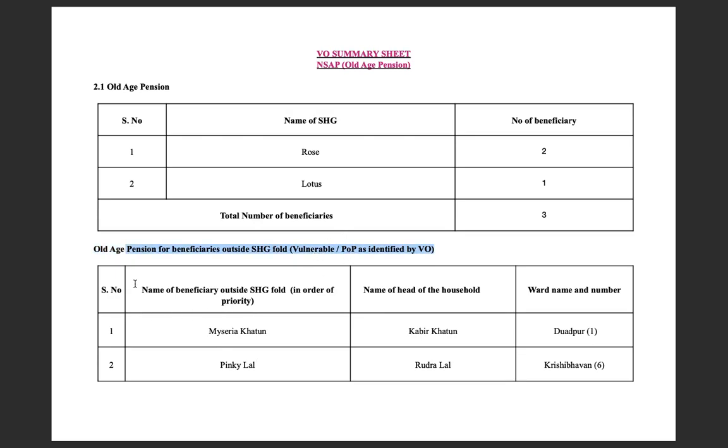So the details are filled in the form of name of beneficiary outside the SHG fold, name of the head of the household, and ward name and number. The name and number have been provided for Miseria Khatun, Kabir Khatun being the head of the household, and her ward name and number being Daudpur 1. Similarly, it has been done for Pinky Lal.